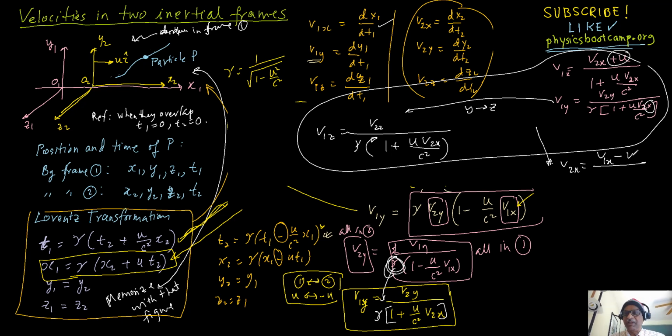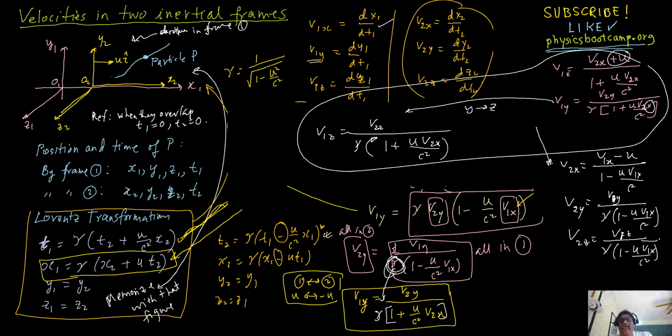So v1x minus u over 1 minus u v1x over c squared. v2y will be v2y over gamma 1 minus u v1x over c squared. v2z is v1z over gamma 1 minus u v1x over c squared.